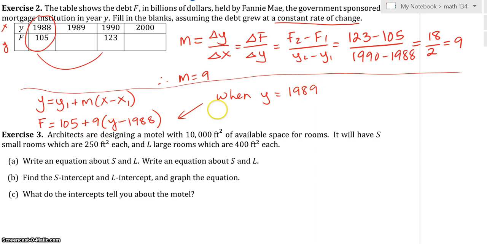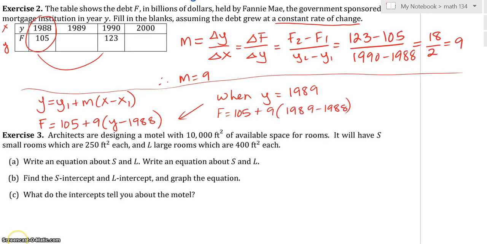We have F equals 105 plus 9 times 1989 minus 1988, which is 1. 105 plus 9 times 1 is just 105 plus 9. You can see if you can do the next one if you want to pause. What is the answer to the next one?